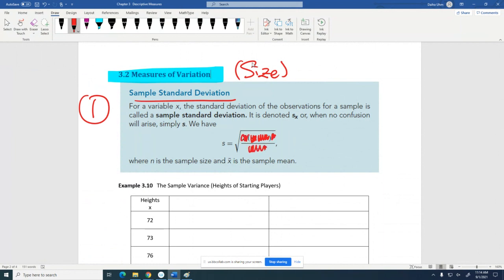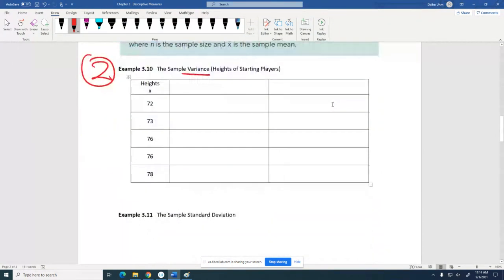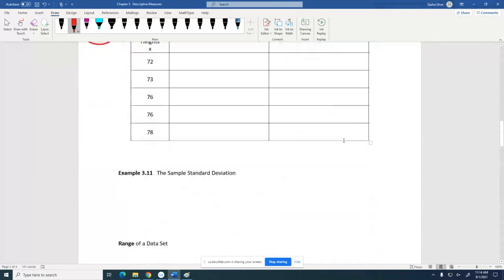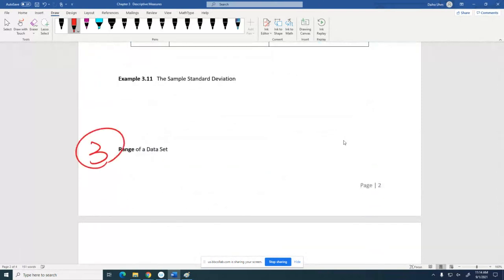We are going to look at the formula later. So the first one is the sample standard deviation. And the second statistic is the sample variance. And the last one is the range.